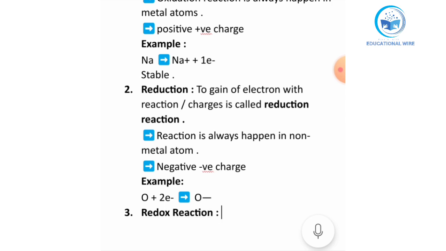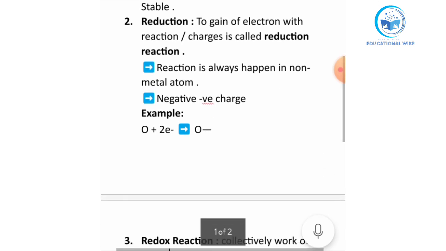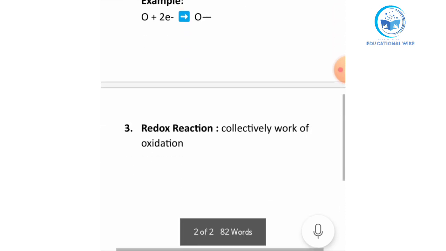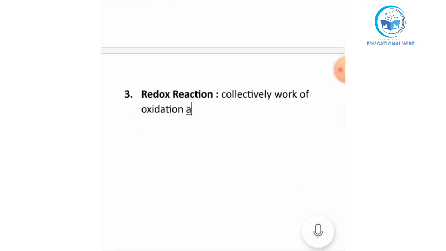Actually, a redox reaction is the collective work of oxidation and reduction.